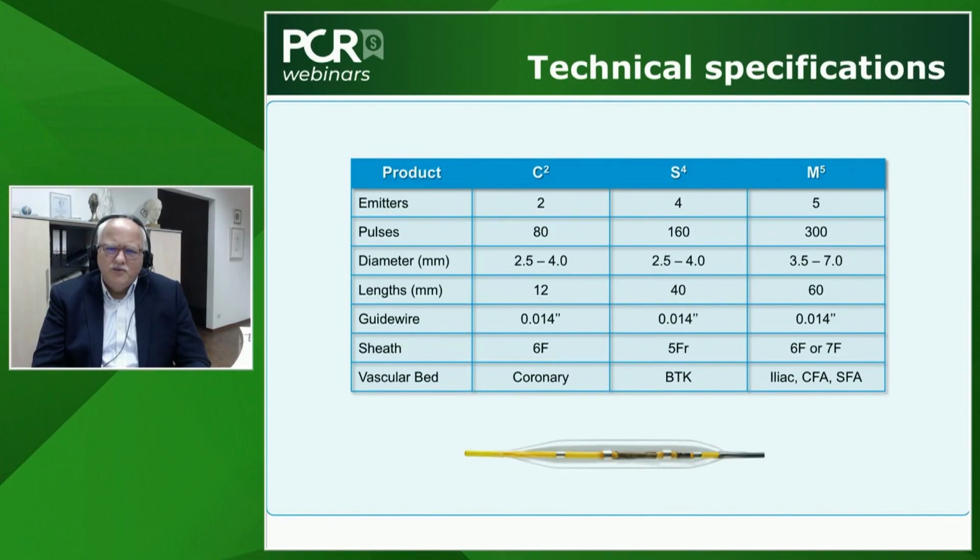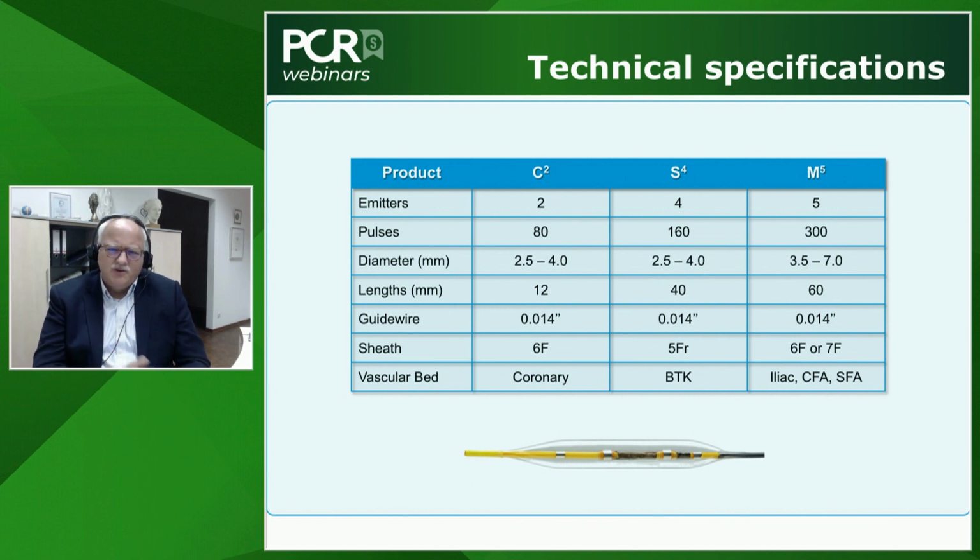Let me go to Michael now. Do you want to add any specific technical points here in terms of balloon length, balloon size, how many times we can deliver the shocks to our vessel, all this kind of information? Yeah, Emanuele, thank you very much. Actually, on that slide, we can nicely see we have 3 different catheters available. 2, the S4 and M5, are more for peripheral artery disease.